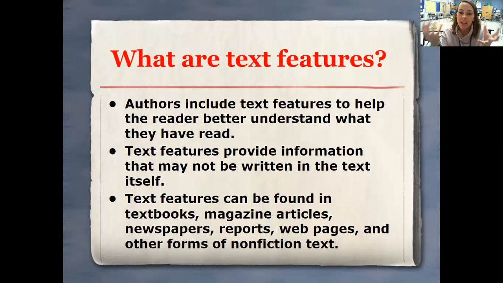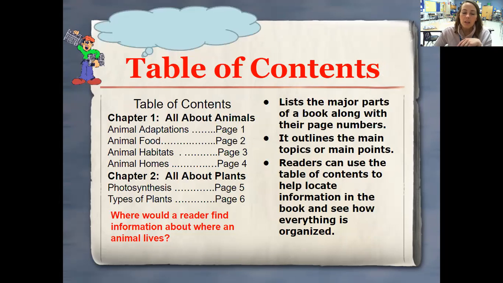They can be found in textbooks, magazine articles, newspapers, reports, web pages, and other kinds of nonfiction text, any kind of nonfiction text that you can think of. If you go to the library and check out a book about lizards, there's probably going to be text features in it too, okay?